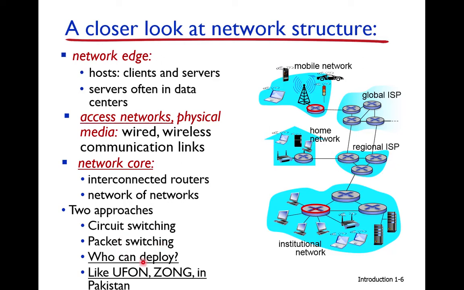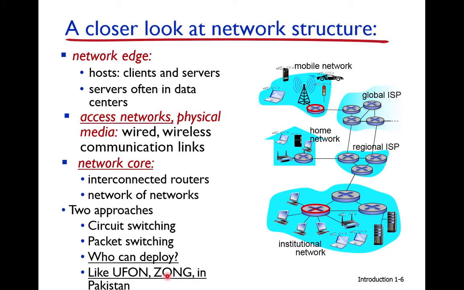In today's class we are going to discuss who deploys this core network, because there will be someone who deploys this core network across the world globally. For example, in Pakistan we have mobile phone companies. Ufone provides the mobile connectivity in Pakistan.